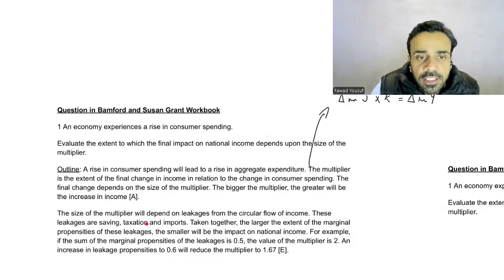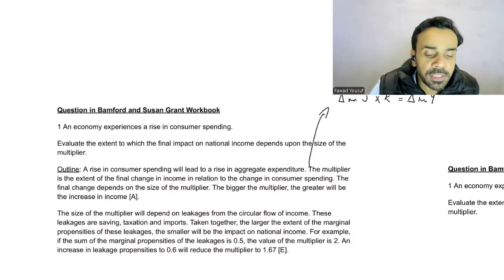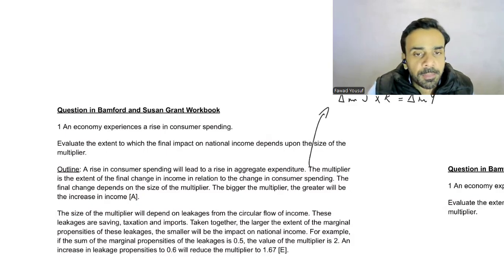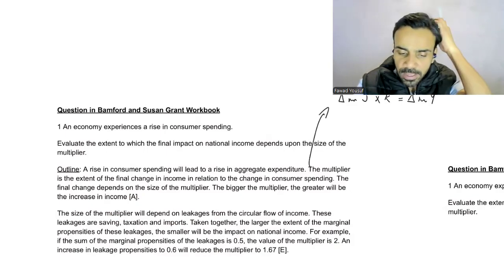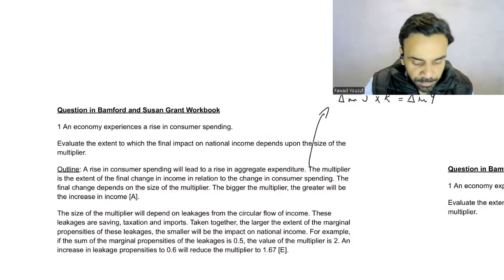ठीक है. The size of the multiplier will depend on the leakages in the economy. अगर आपकी savings, taxes, imports बढ़ेगा, तो आपका multiplier का value छोटा हो जाएगा, और उसकी वजह से smaller impact create होगा. Through example, they want you to do a basic calculation and show कि $1 का कितना हिस्सा आप सेव करते हैं, टैक्स करते हैं, इंपोर्ट करते हैं, कंज्यूम करते हैं, मल्टीप्लायर निकाल लें और फिर उसको दिखा दें कि हाउ बिग ऑफ एन इम्पैक्ट इट्स गोइंग टू ब्रिंग.